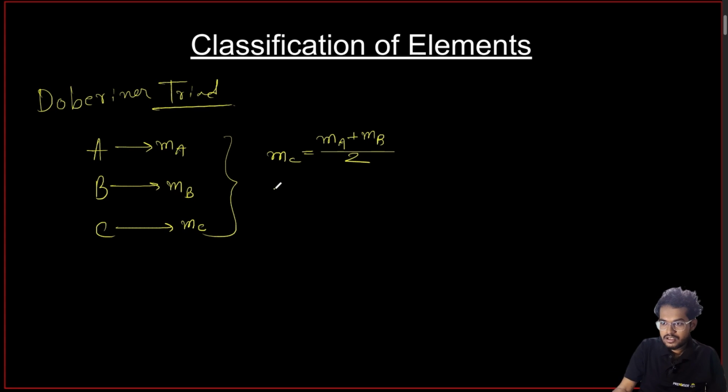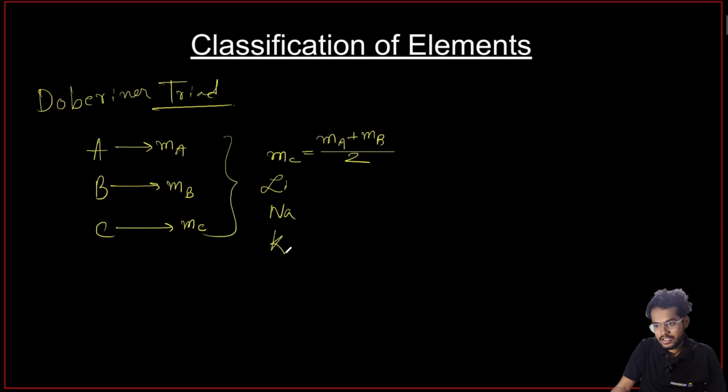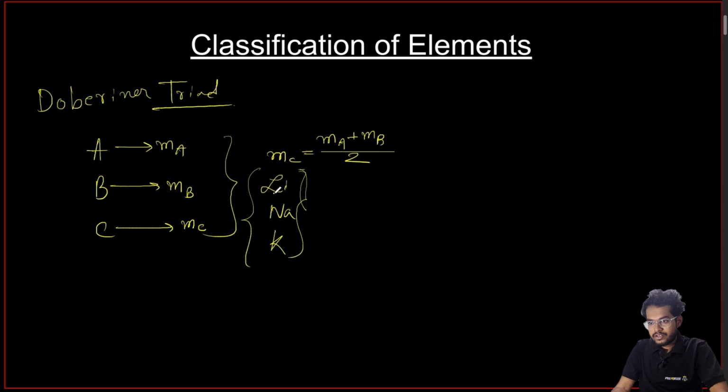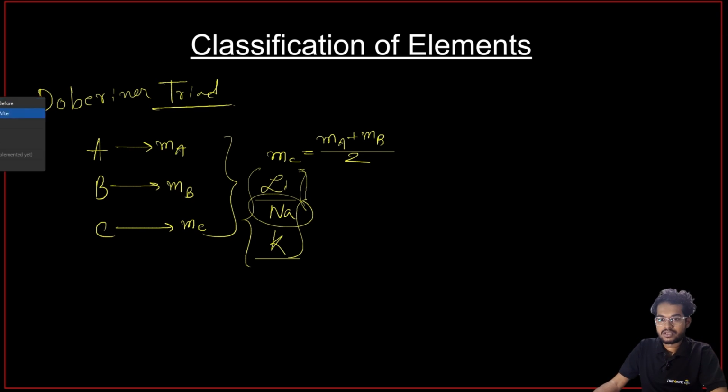For the first one, he used this triad Li, Na and K. If you check, the average of the mass of lithium and the mass of potassium comes out nearly the mass of sodium. This is the Dobereiner triad. I am not going to spend a lot of time on this, because we have more things to do later. So let's go for the next one.